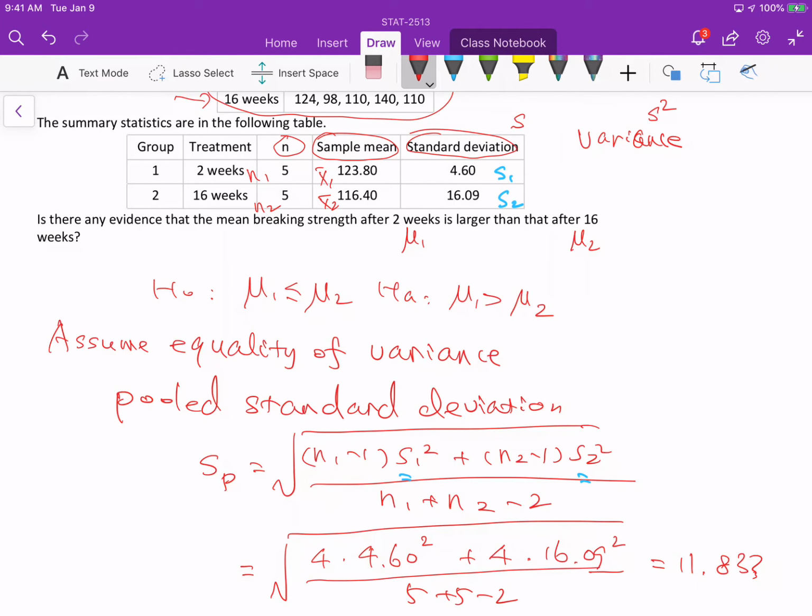So you plug in the values: x1 bar is 123.80 minus x2 bar 116.40, divided by the standard error we already calculated, 7.484.